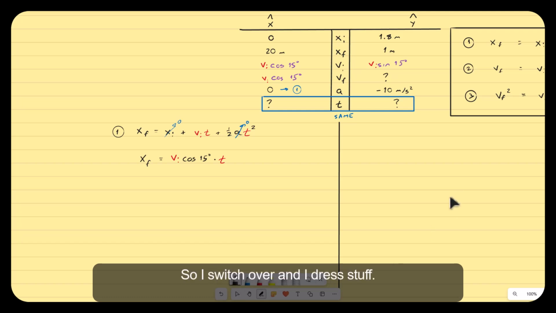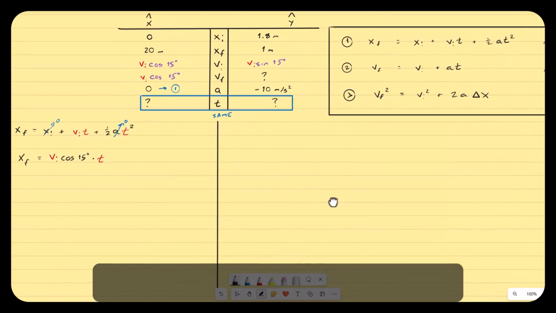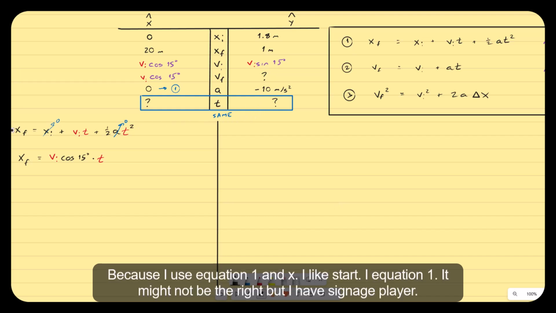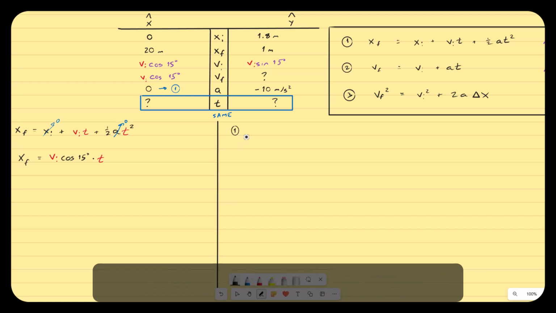So I'm going to switch over and look at the y direction stuff. Because I used equation 1 in x, I would like to start by using equation 1 in y. It might not be the right move, but it's a high percentage play.